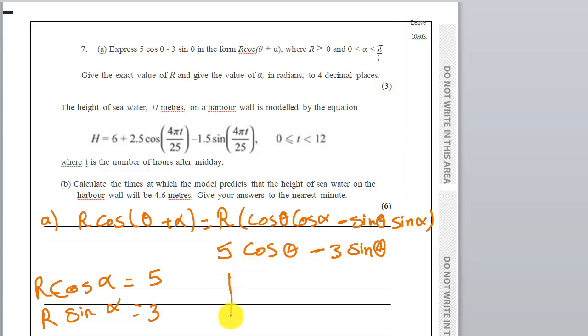So let us start to draw our triangle. This is alpha.